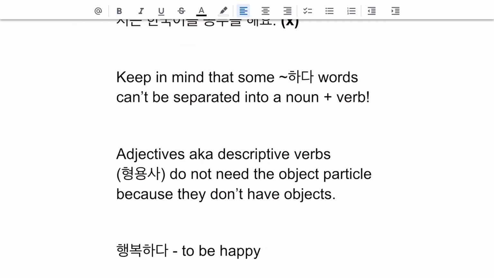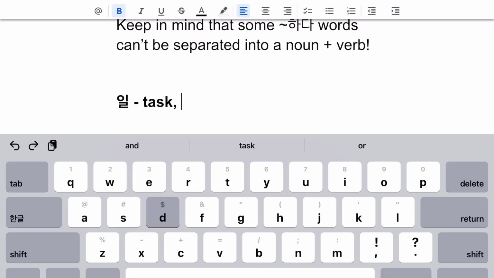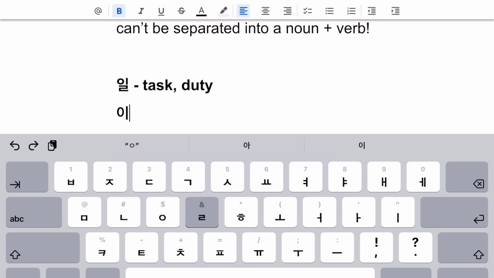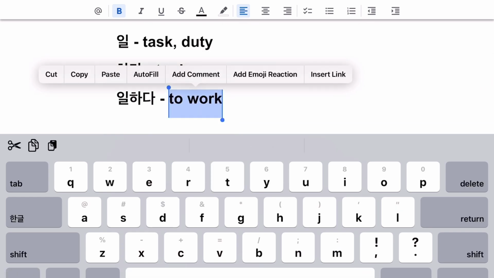All right. Like I was saying before, not all verbs that end with hada can be separated like this. There are a lot of verbs where the noun is a word all on its own. For example, 일 means a task or a duty. And when we add hada to it, it makes it a whole different word altogether. It means to work. So hada, to do; to do a task is to work. 일하다.